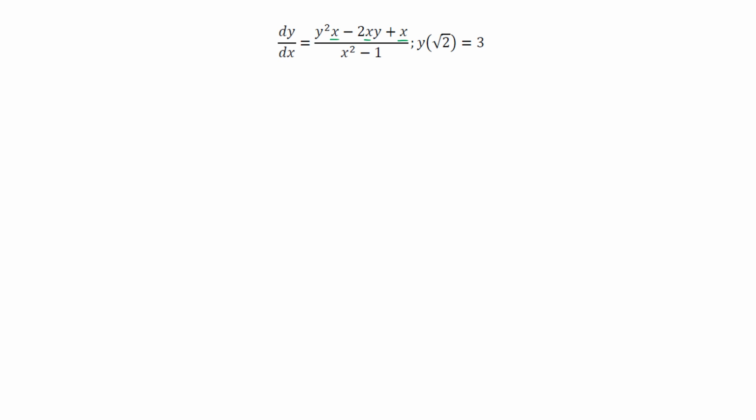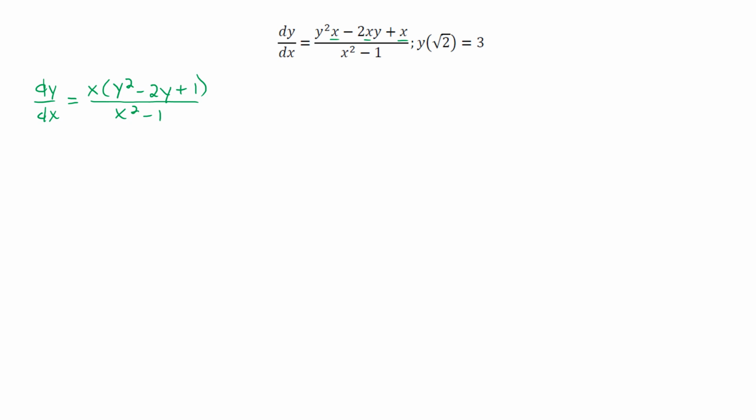And if I want to get the x on one side and y on the other, I'm going to need to be able to separate that. So let's do that first. dy/dx equals x over (y squared minus 2y plus 1) over (x squared minus 1).